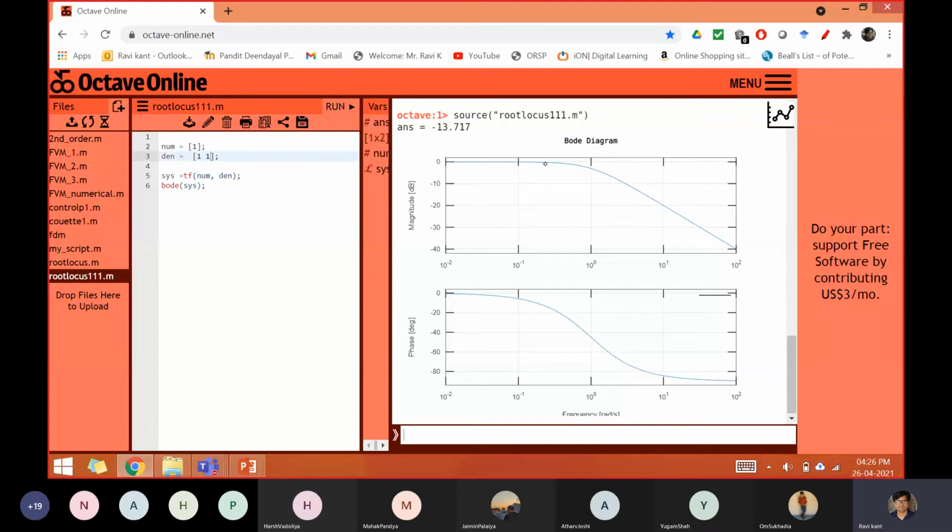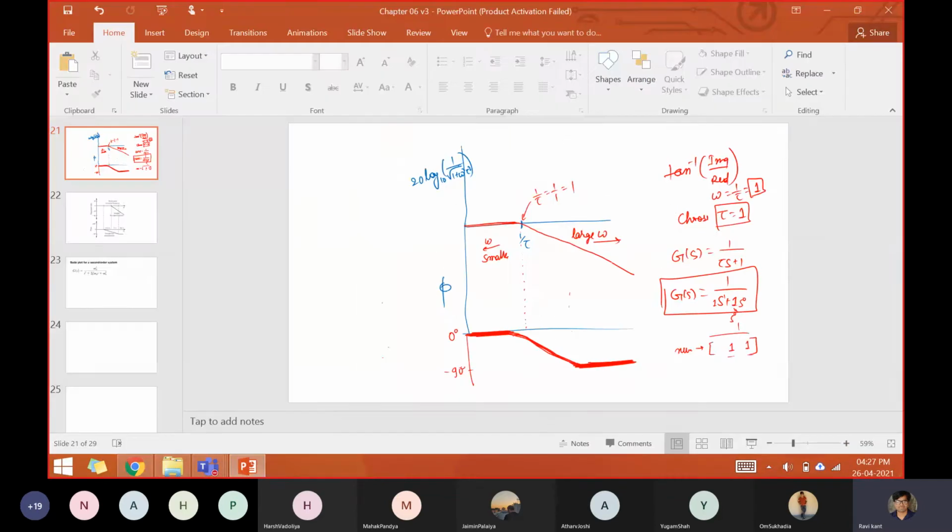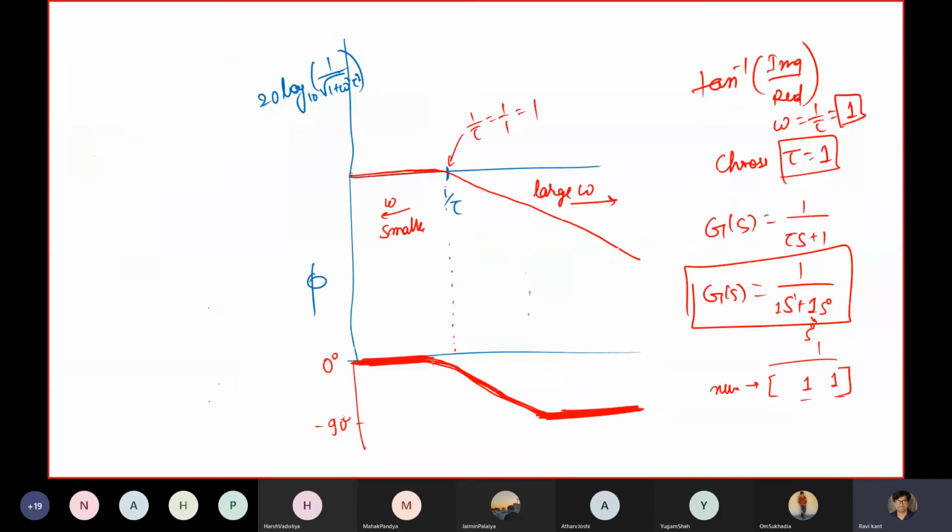For smaller omegas it is 0, and in between it will have a certain slope. Similarly the phase started with 0 and ended with minus 90 somewhere, and in between it will have some deviating trend. This is how the Bode plot of a typical first order system would look.